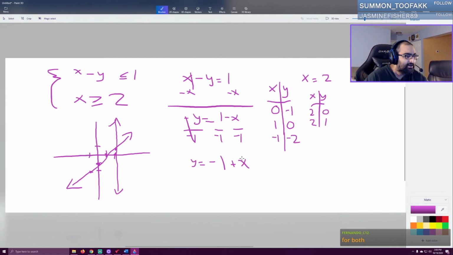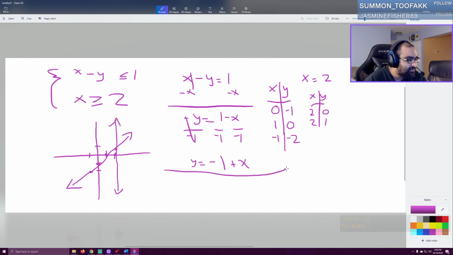All right, now here at the end, we're going to go ahead and do our 0, 0 test to see what we get. Okay, so we're going to take the first one here. We get 0 minus 0 is less than or equal to 1.